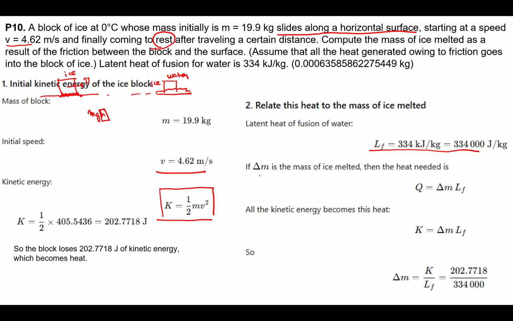If delta M is the mass of ice melted, then the heat needed is this much. This is the heat needed to change that mass of ice into water. And by energy conservation, the kinetic energy should equal this heat. Okay, and then we can find out delta M.